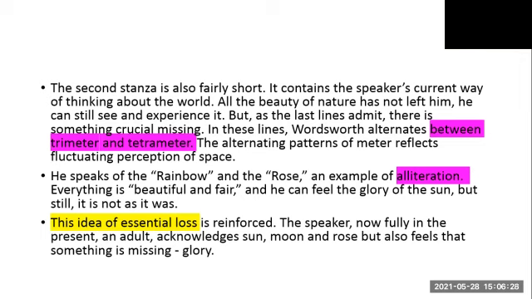Now, this changing pattern, moving between trimeter and tetrameter, reflects his inner state, his fluctuating perception of space and nature. He remembers himself as a child. He remembers the feeling. He can see the beauty of nature now, but he lost that feeling.